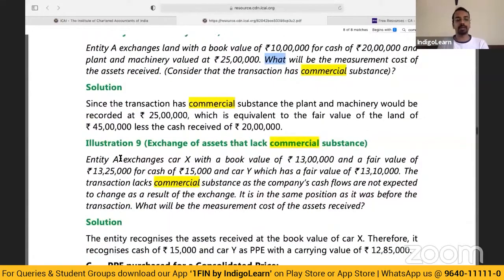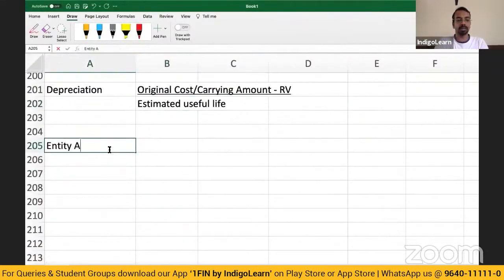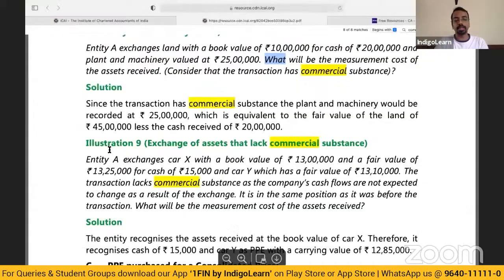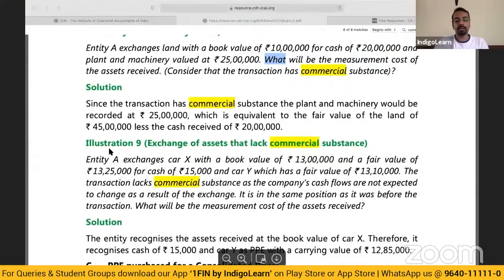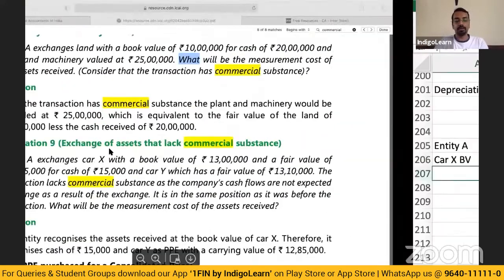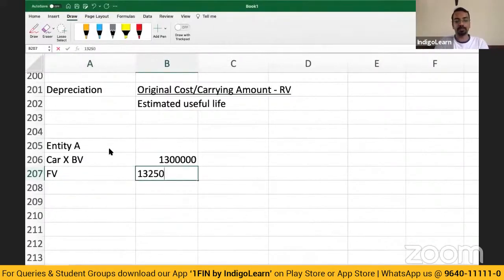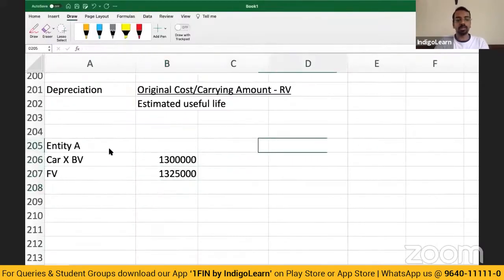Okay. Then here you have another thing. Entity A exchanges car X with a book value of 13 lakhs and a fair value of 13 lakh 25,000 for cash of 15,000 and car Y, which has a fair value of 13 lakh 10,000. Let me just note it down. It will be easy. Car X book value 13 lakhs and fair value 13.25 lakhs is the asset given up.